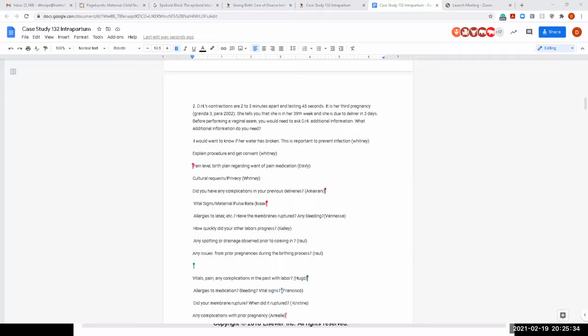But when did your contractions really start? Do you have any allergies? You guys put that. Any other risk factors? I don't know that the patient would know that, but sometimes they'll know that they've had high blood pressure, and they've been home on bed rest, or they're gestational diabetics and they take insulin, you know, that kind of stuff. And any kind of leaking membranes.